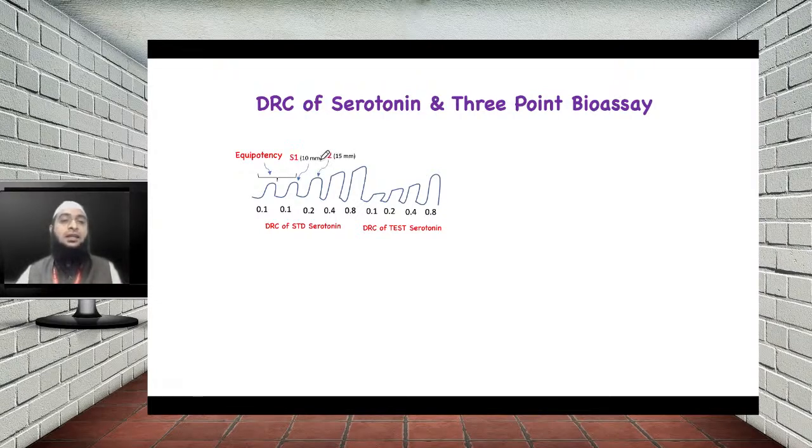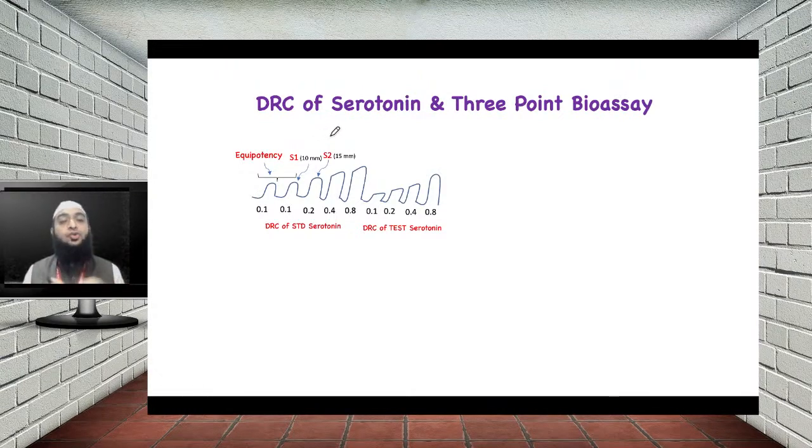You can see here, in case of S1, that is 0.1 ml, we got a height of 10 mm. In case of S2, we got a height of 15 mm. So the difference between these two responses is 5 mm. Since there is very good gradation between S1 and S2, we have selected S1 and S2 as the two doses of the standard for going ahead with the experiment. So selection of the two doses of standard is done, that is S1 and S2.